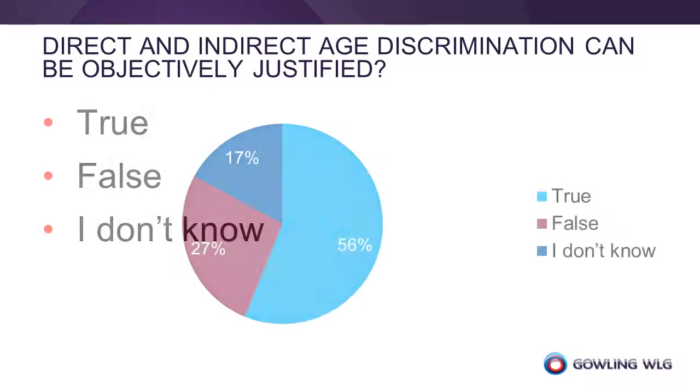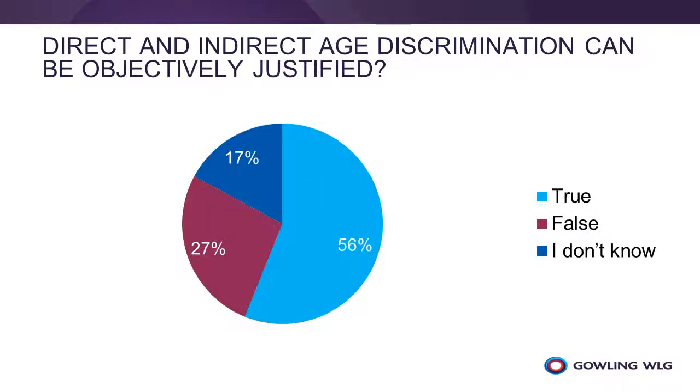With pretty much everyone having voted, I'm going to pass to Ruth to give us the answer. Thanks, Ian. Well, I'm not going to give you the answer straight away, but it will come up, don't worry.